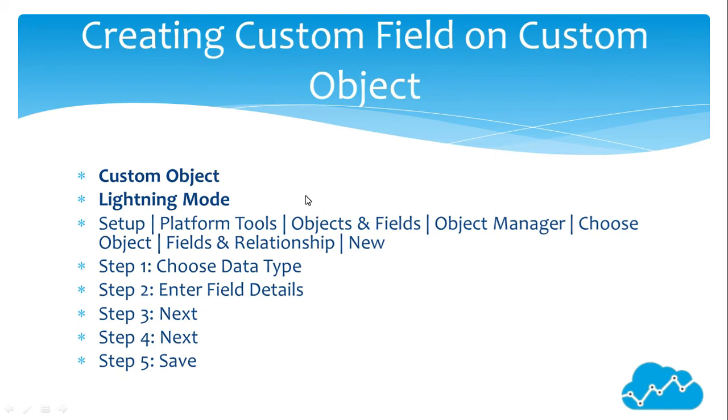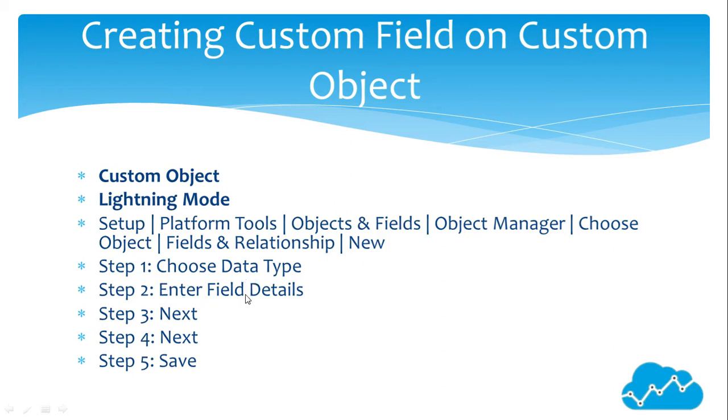Creating a custom field on a custom object. Custom object, Lightning mode. Setup, platform tools, objects and fields, object manager, choose object, fields and relationships. Click new. Step 1, choose data type.